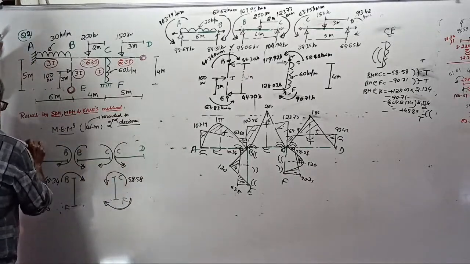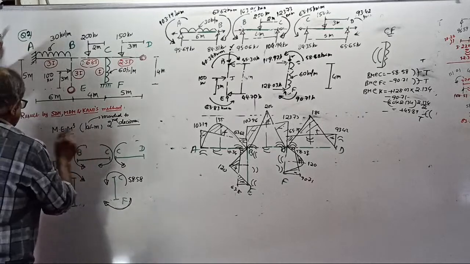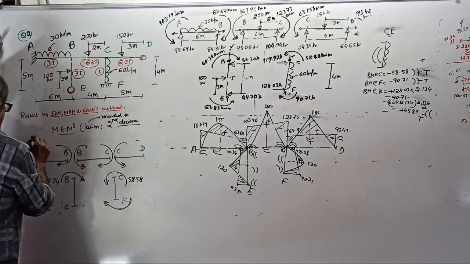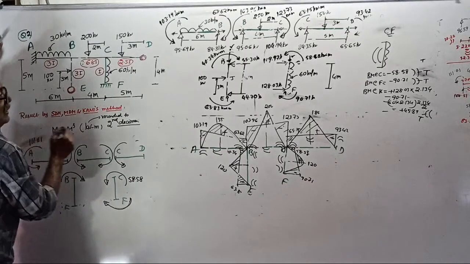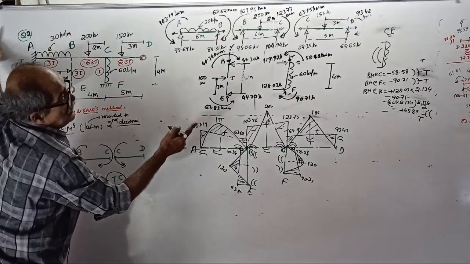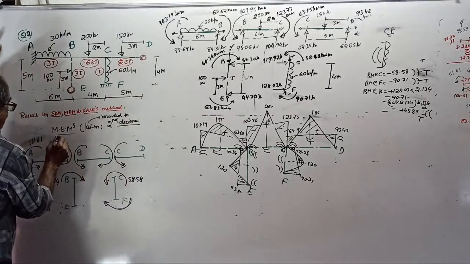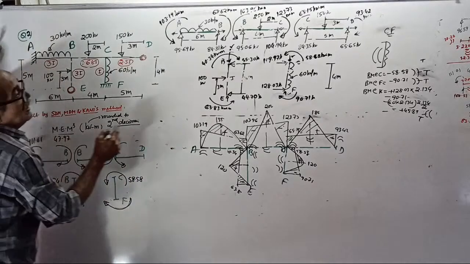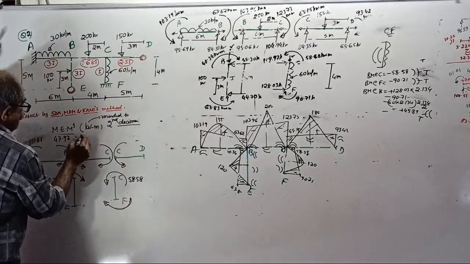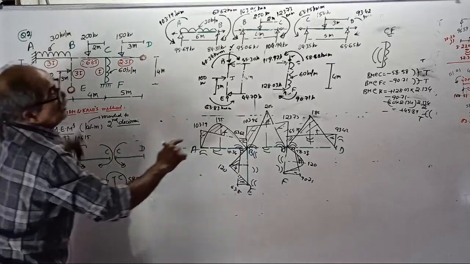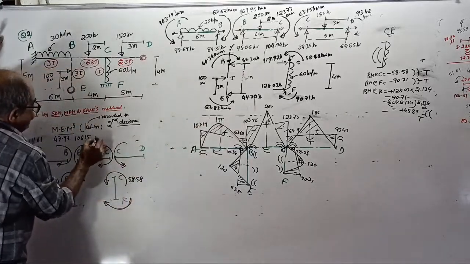111.01, all in kilonewton meter. MBA is 47.97 clockwise. It is changing. Anticlockwise of 106.15. Clockwise of 138.14.